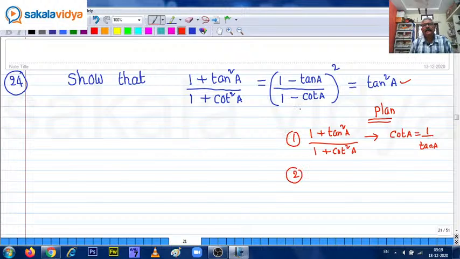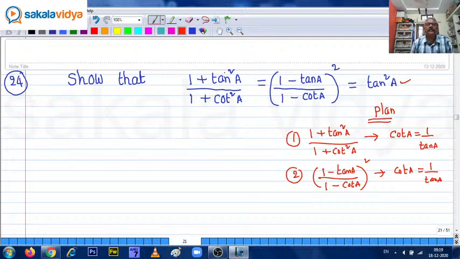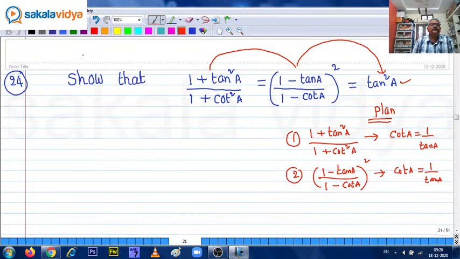Second step, take 1 minus tan A by 1 minus cot A whole square. Here again substitute cot A equals to 1 by tan A and simplify. You get tan square A. From one end, we can say that 1 plus tan square A by 1 plus cot square A equal to 1 minus tan A by 1 minus cot A whole square equal to tan square A. So let us implement this plan to solve this question.